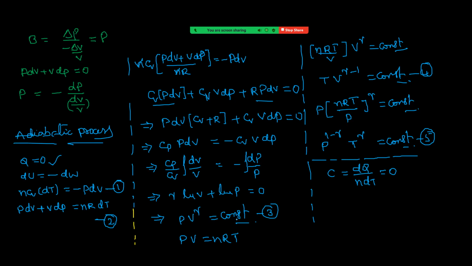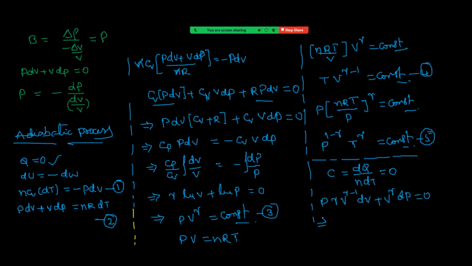Next, if you want to calculate bulk modulus for adiabatic process, then see what we can do. Take P V power gamma constant, differentiate that. See what we get from that: P gamma V power gamma minus 1 dV plus V power gamma dP equal to 0.